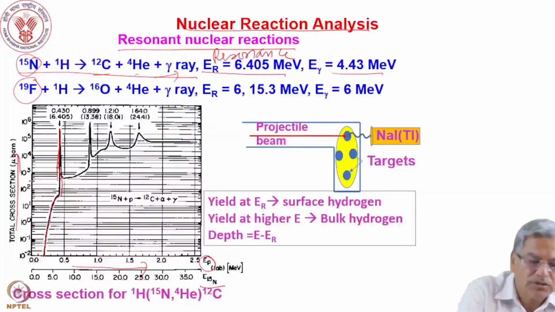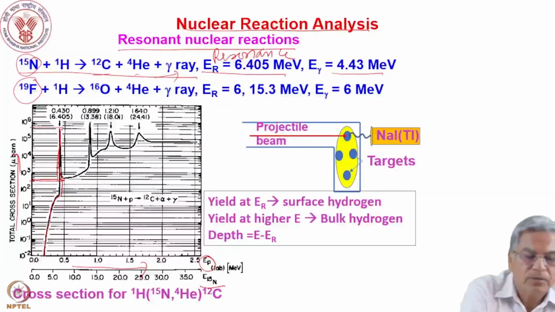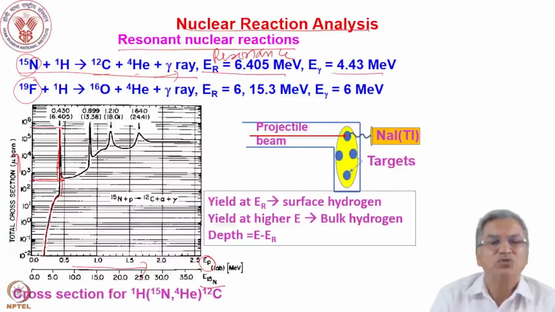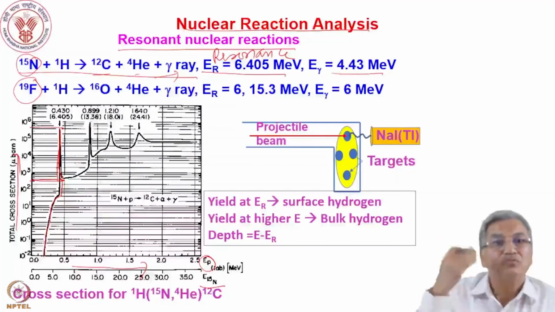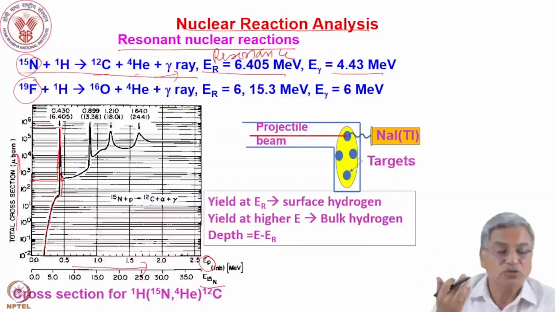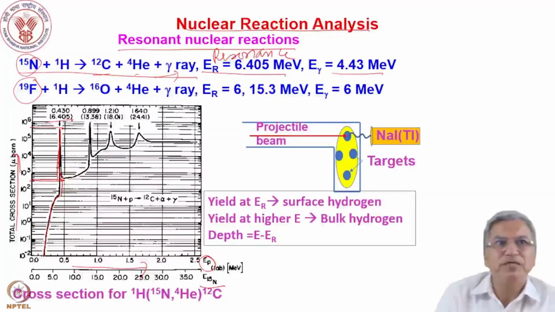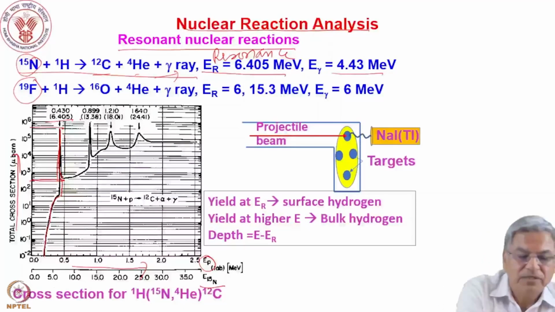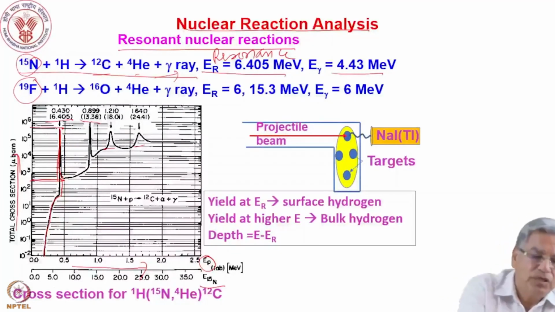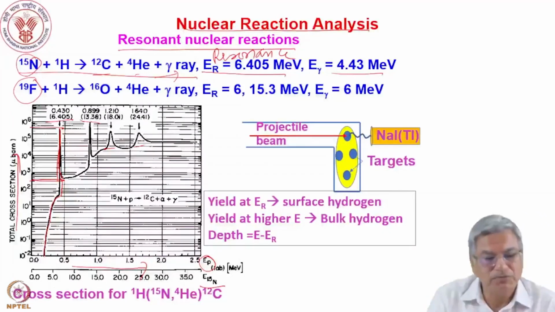So here the cross section is 100, 200, and here it is 2 lakh, 200,000. So there is a 3 orders of magnitude increase in the cross section, 1,000 times. This first resonance is at 6.405 MeV of nitrogen 15. There is one more at 13.38 MeV, and there are more resonances, but we focus on the first resonance, 6.405 MeV.